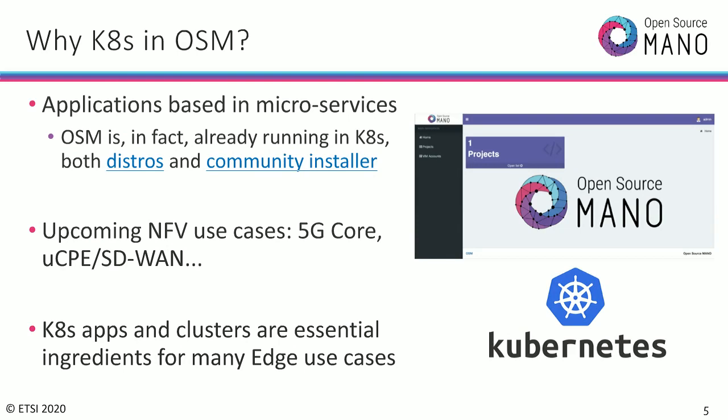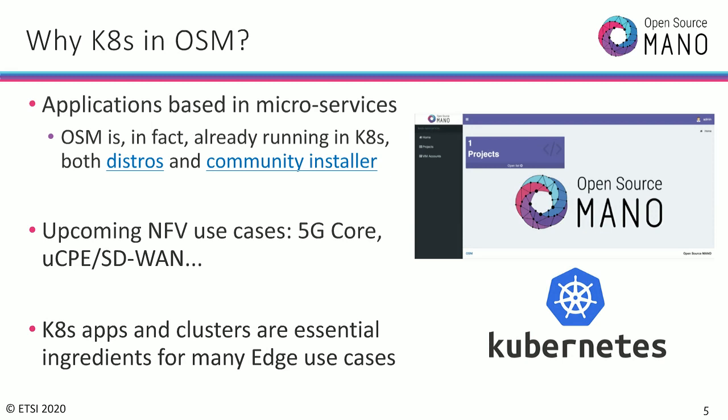So why have we decided to include Kubernetes support in OSM? Well, I think that there are three main reasons. First of all, a lot of applications today are based on microservices. It's the common trend today for any IT application, and in fact, OSM is also running in microservices.